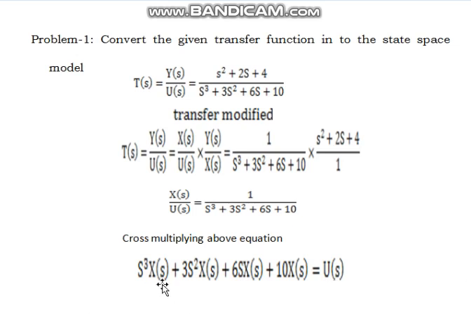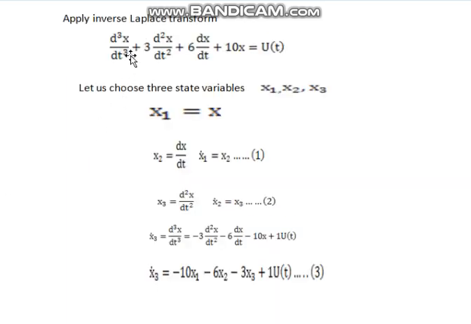By applying the inverse Laplace transform, s cube X(s) is converted into d cube x by dt cube, s square X(s) into d square x by dt square, and s X(s) into dx by dt. So our equation becomes d cube x by dt cube plus 3 d square x by dt square plus 6 dx by dt plus 10x equals u of t.